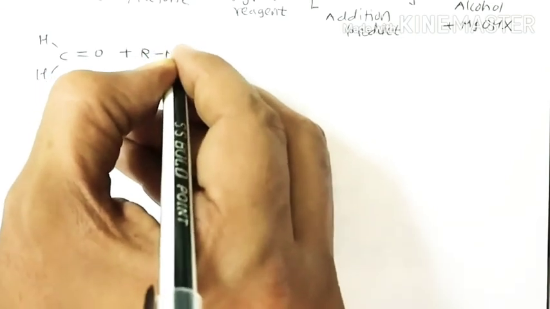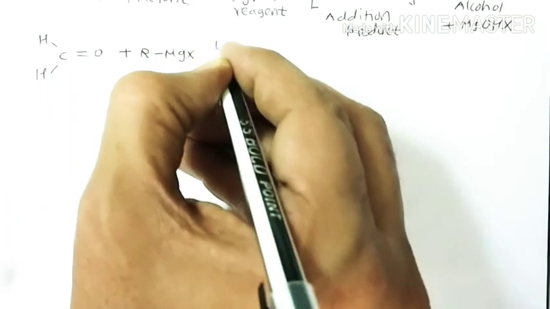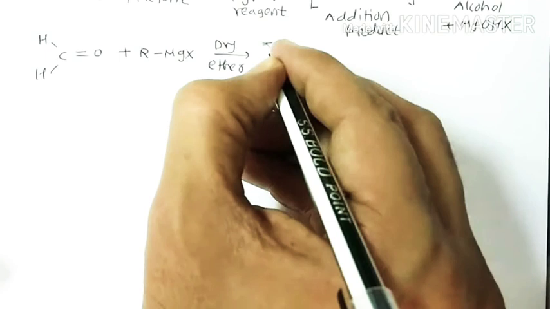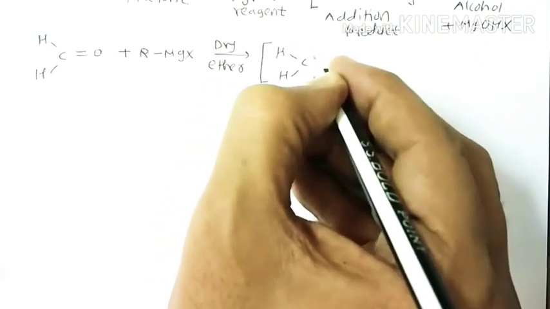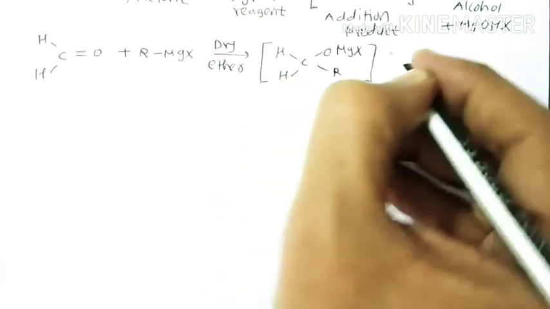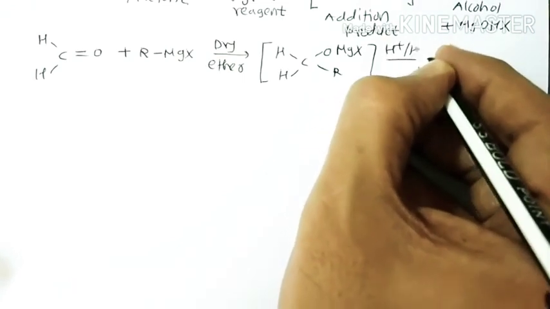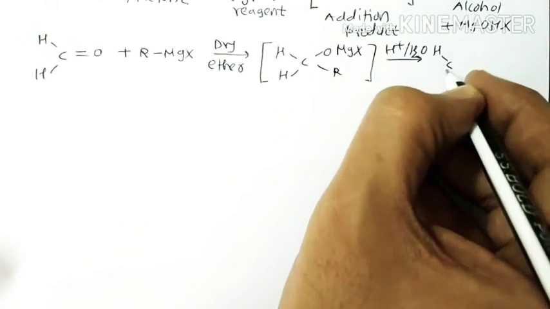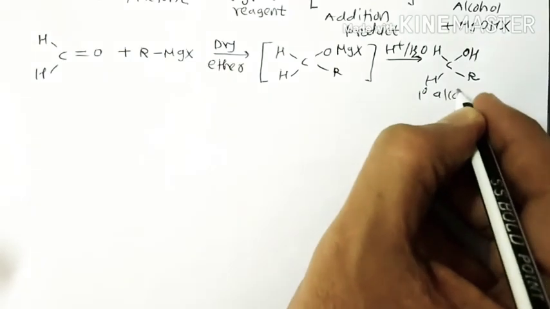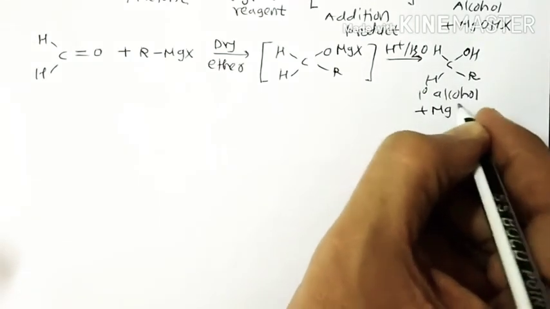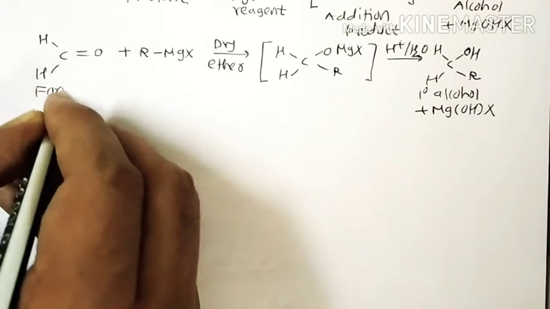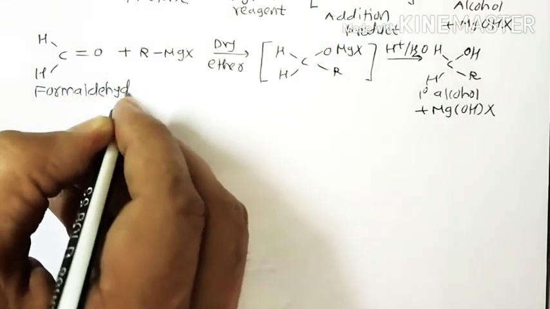When it reacts with RMgX in dry ether, first we get an intermediate product, sometimes called the addition product, OMgX and R. Acidic hydrolysis of this intermediate converts it into HCHOH and R. This is a primary alcohol, and MgOHX is released. This is the case of formaldehyde.